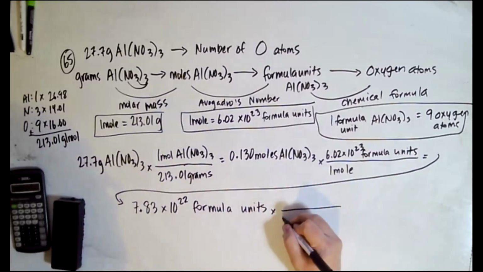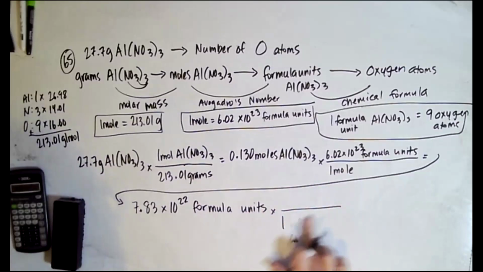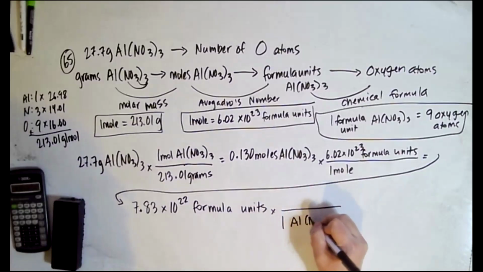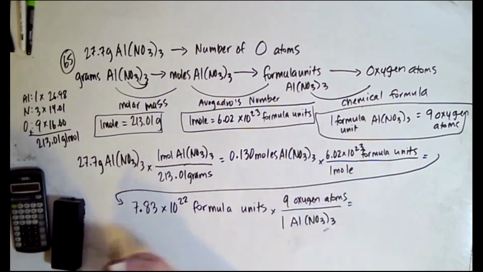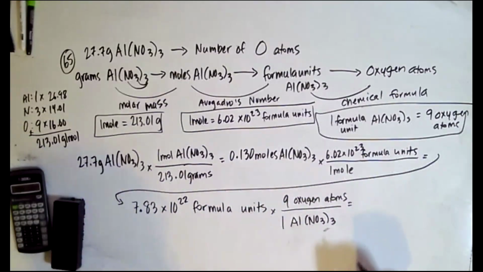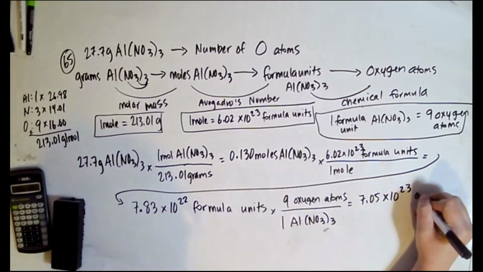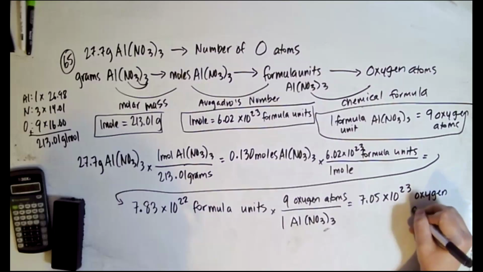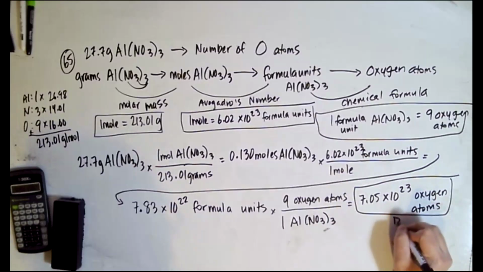And now we look at the chemical formula, and for every 1 formula unit of aluminum nitrate, we're going to have 9 oxygen atoms. So we're going to end up with 7.05 times 10 to the 23 oxygen atoms, which is answer choice D.